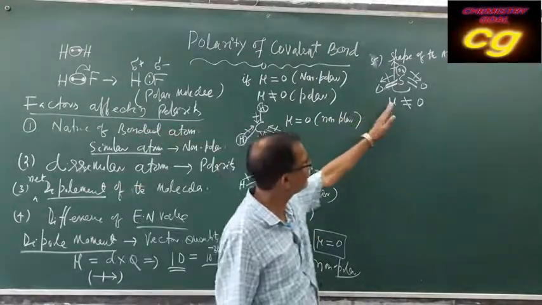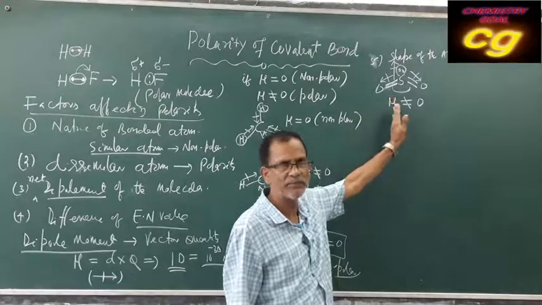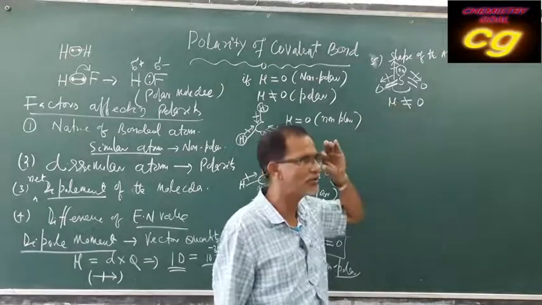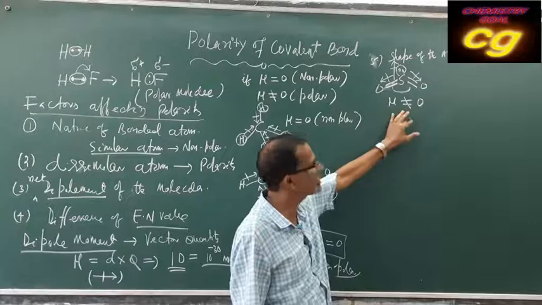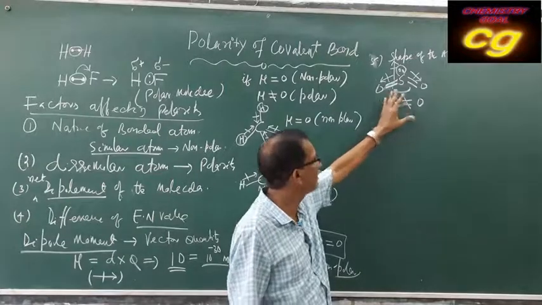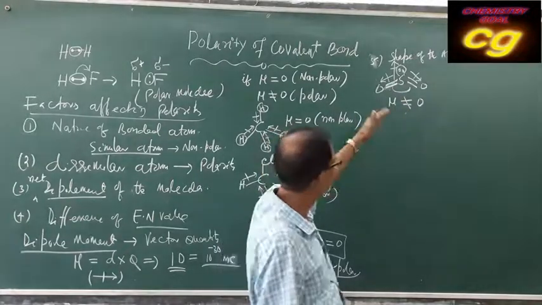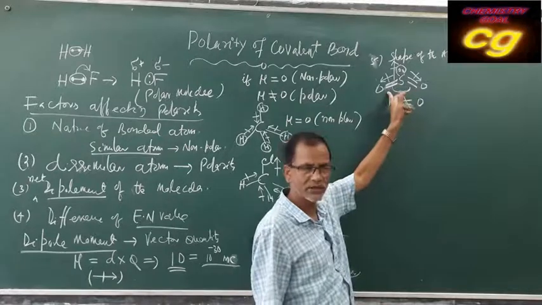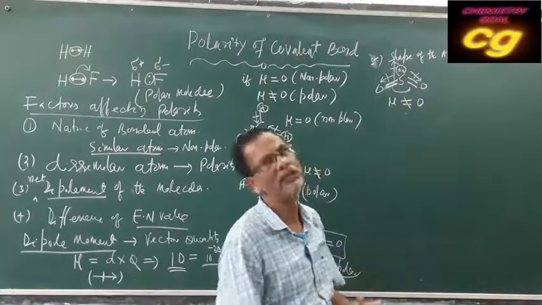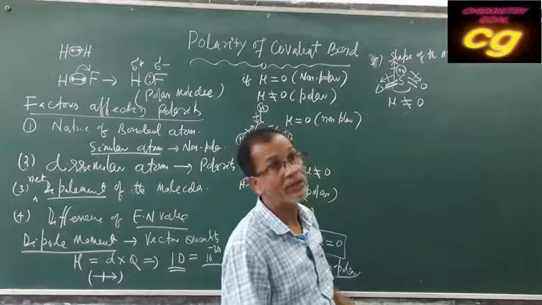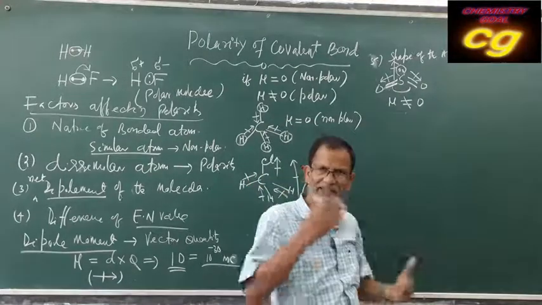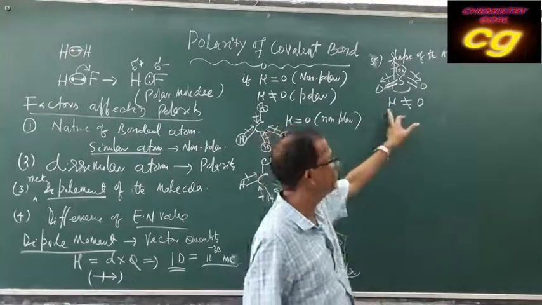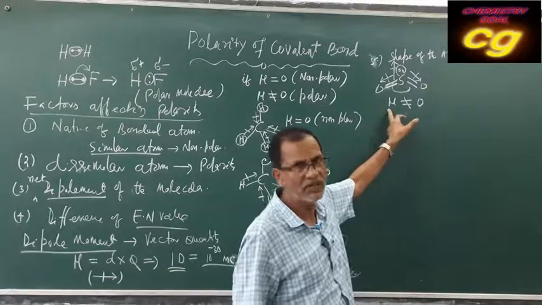If you have some knowledge of vector addition and subtraction, you can understand this clearly. You know from physics that when two equal vectors have an angle less than 180 degrees, the resultant dipole moment will not be 0.